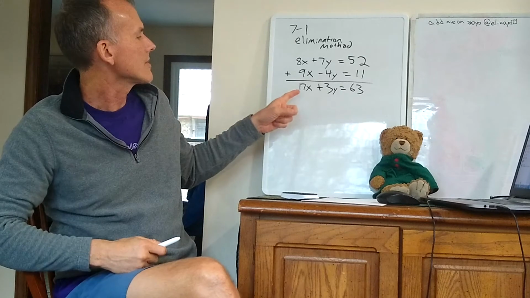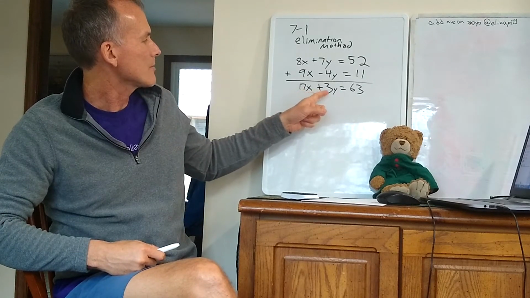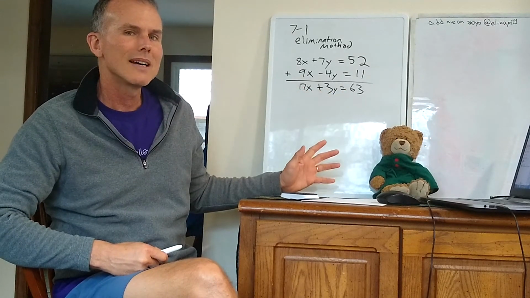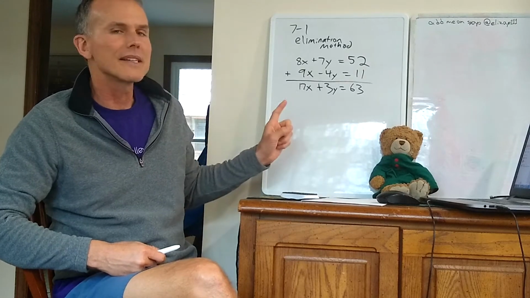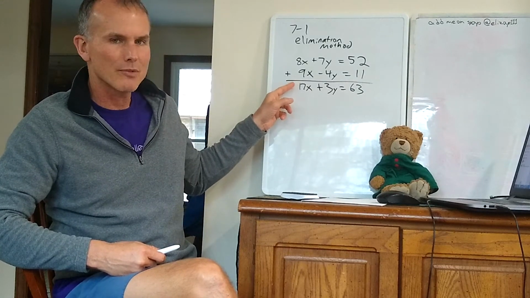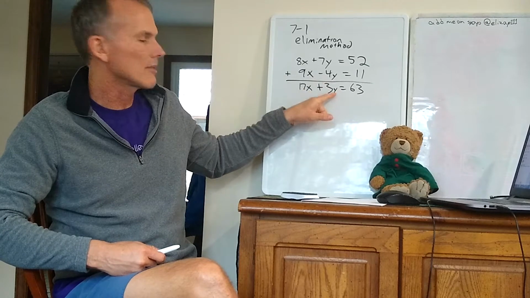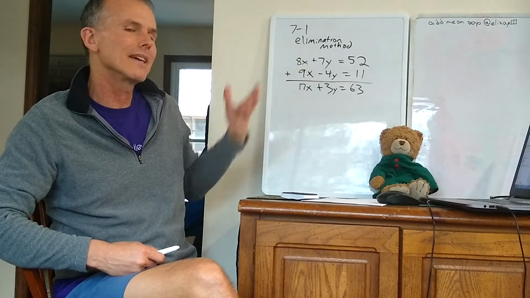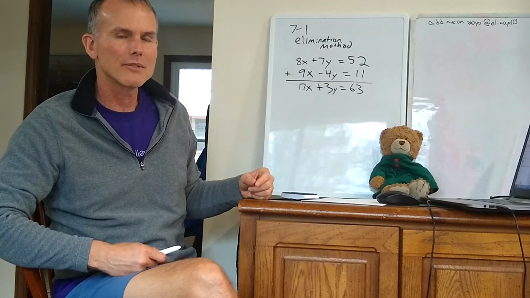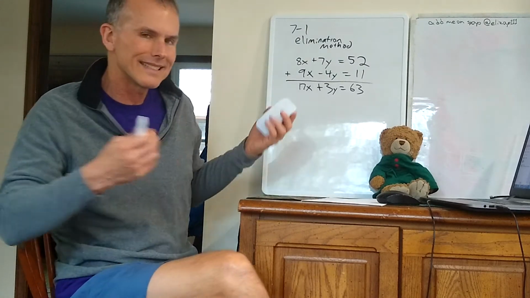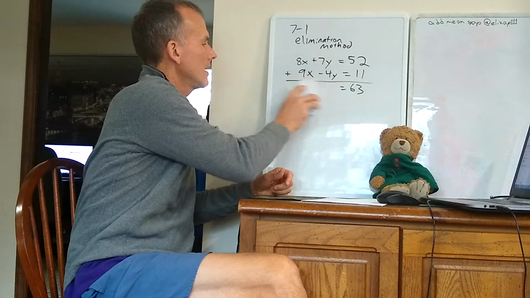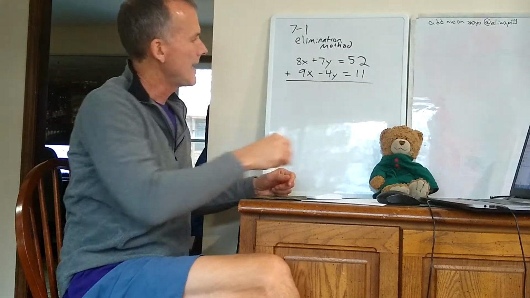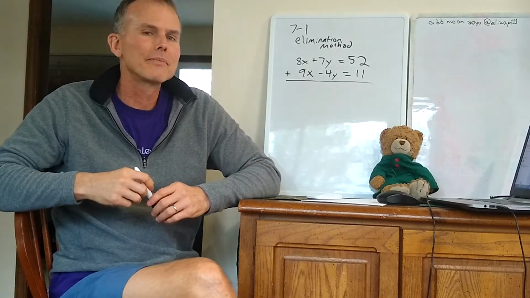However, if you look at the result, this equation, 17x plus 3y equals 63, it didn't really do me much good because this third equation still has both an x variable and a y variable in it. So by adding those two, I wasn't able to eliminate one of the two variables. So I think we should just erase that and think of possibly a better plan.